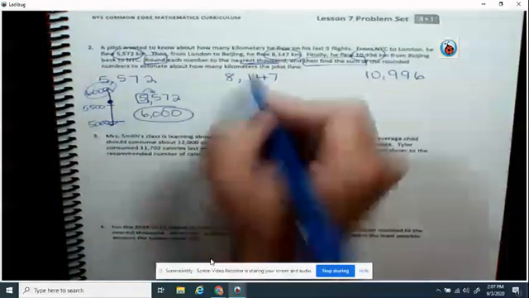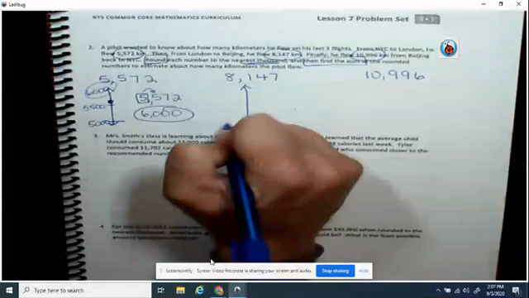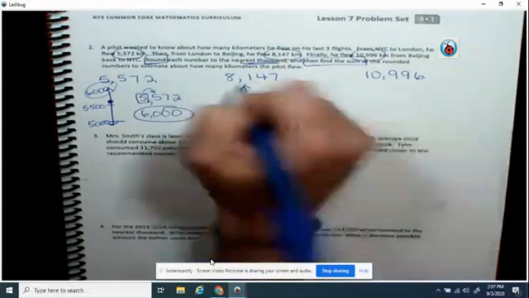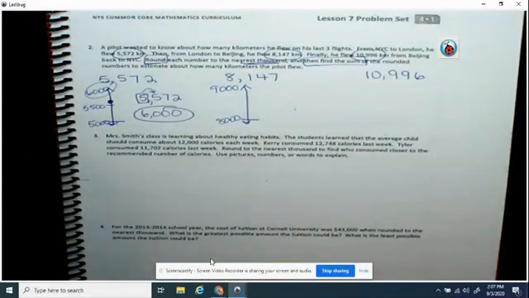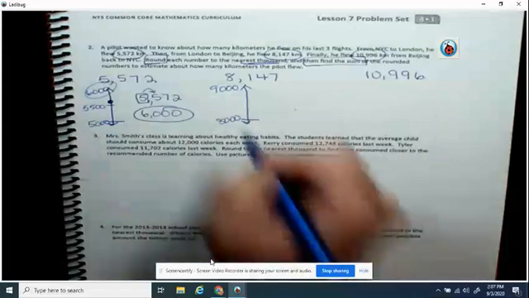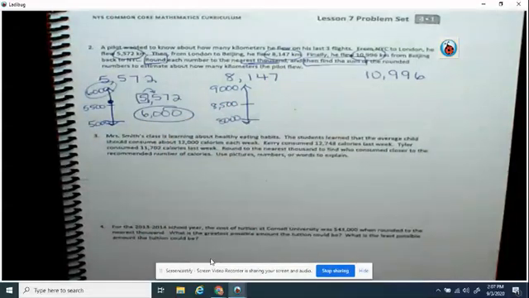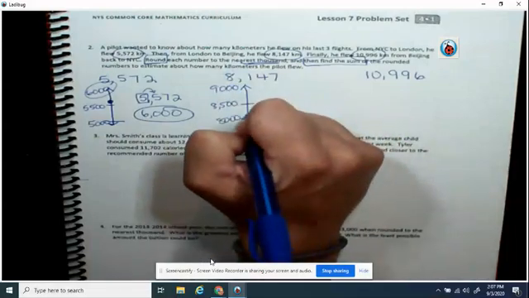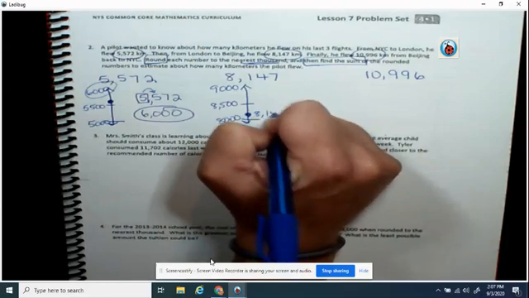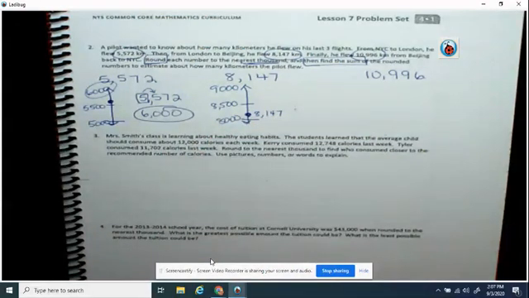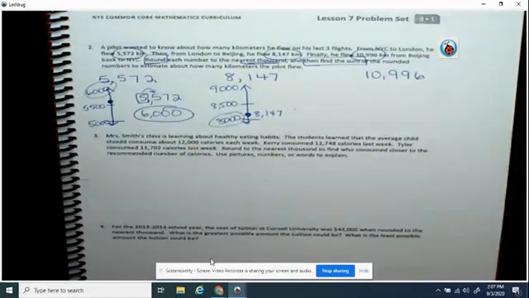All right, let's draw our number line for this one. Okay, so we have 8,000, and then we have 9,000. And right in the middle, we have 8,500. We have 8,147. 8,147 is going to be down here. Okay, so that's definitely closer to 8,000 on this number line.